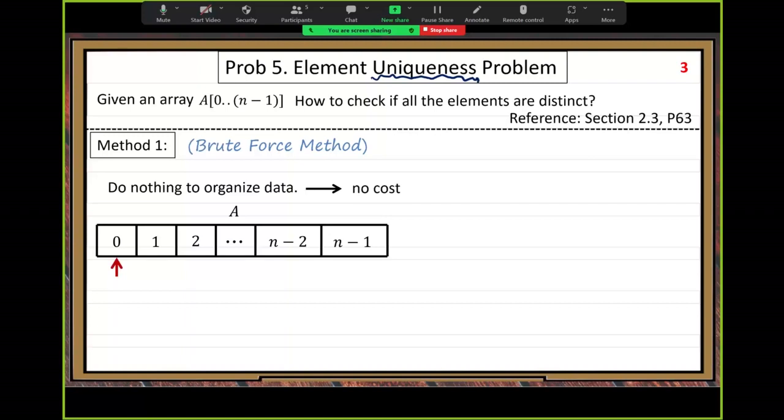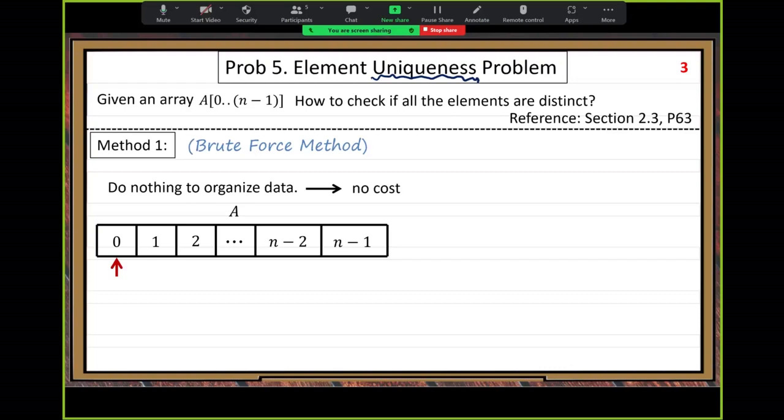If we use the brute force method, first, let's consider if the first element is repeated anywhere in the remaining part of the array. So first we want to look at the first element.